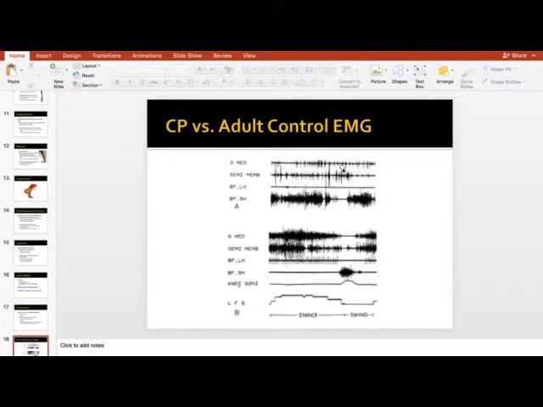So this is going to affect the way that the leg swings like a pendulum. All of the muscles are firing at the wrong time. Right? You see the biceps femoris here, the long head, there's very, very little actual firing here at all.